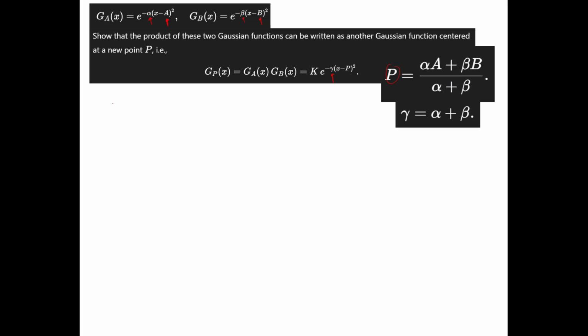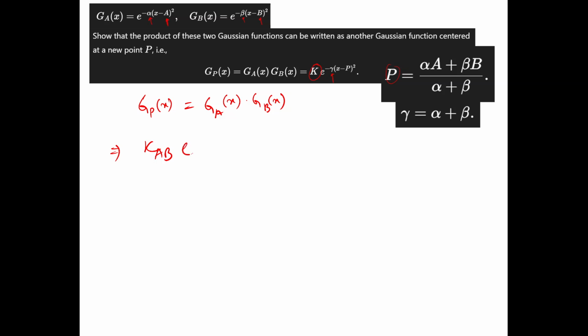And here you can see a constant K. So you have G_P(x) times K is equal to the Gaussian at A and the Gaussian at B, right? And this K, we can denote it as K_AB. We'll come to see why I have given this name K_AB.